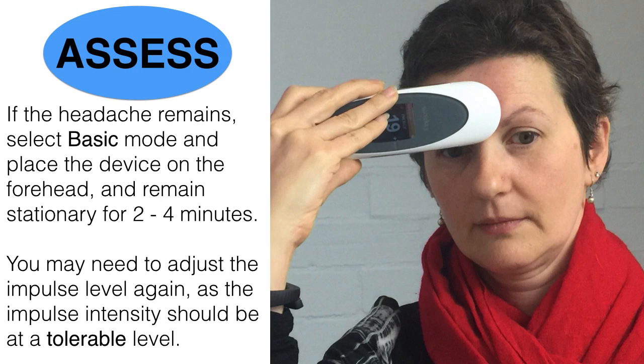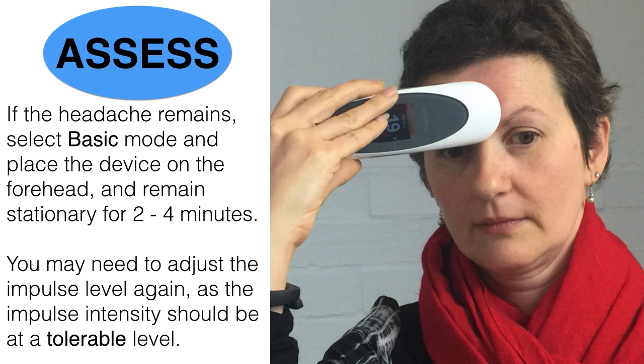If the headache remains, you're going to select the basic mode, so that's going into the menu, settings menu, back to basic mode, place the device on the forehead, just as you see in this picture, and remain stationary for 2 to 4 minutes. Once again, you may need to adjust the impulse level again because the forehead is a fairly sensitive area.